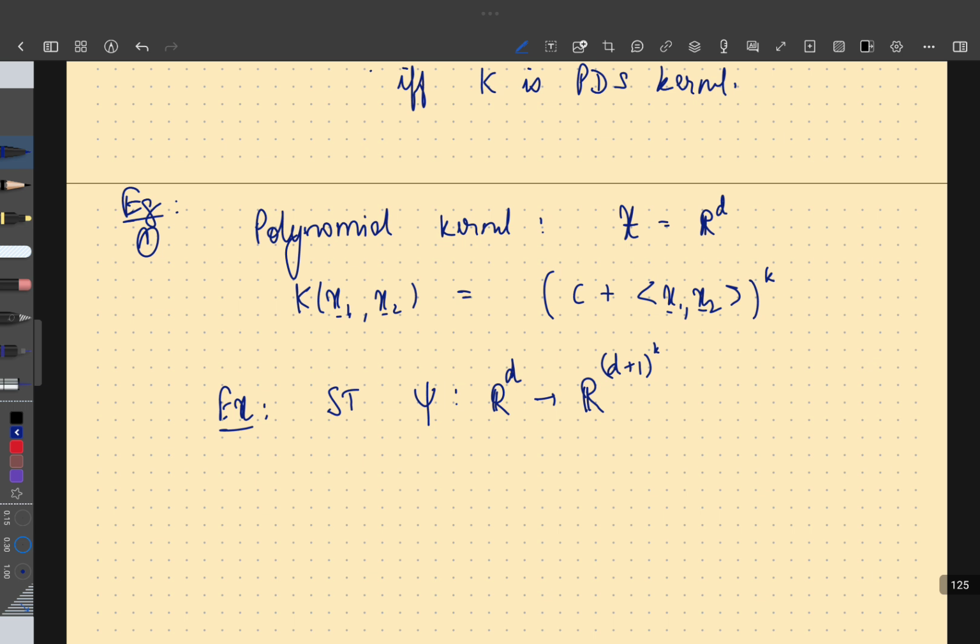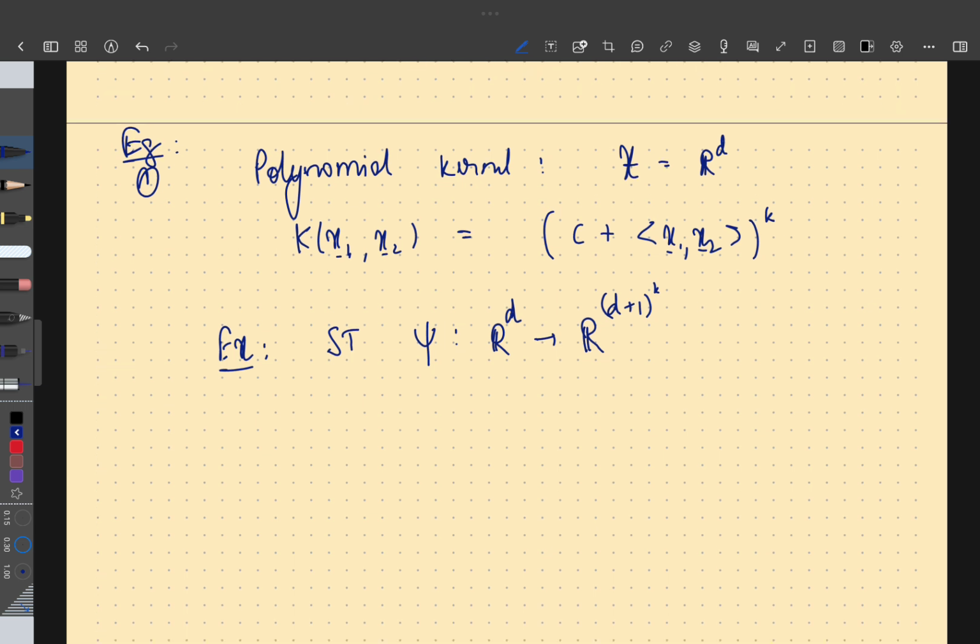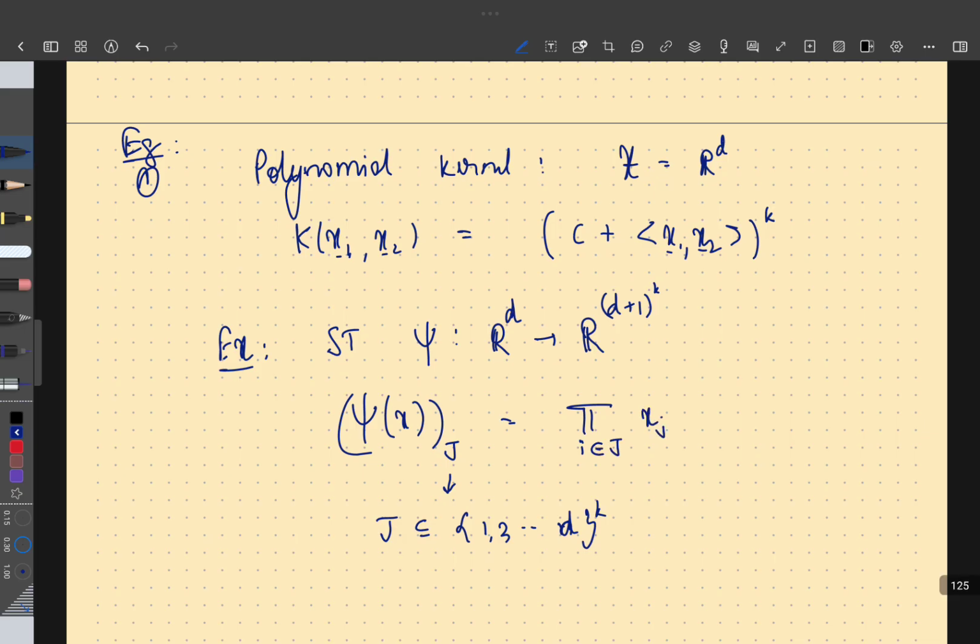So it's a much higher dimensional space, where the components of psi are indexed by all possible subsets of size at most k, with products over i in j, x3.